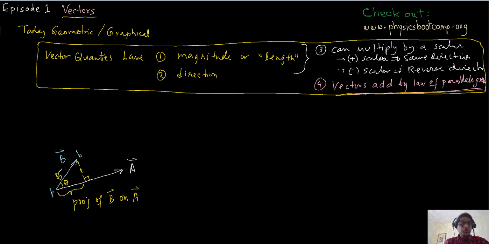Okay, so this time we draw the same diagram and we want to get a formula for this projection of B on A. So this is the common point. You draw both the vectors from the common point. And from the tip of B, we drop 90 degrees in the direction of A. This time it falls on the direction of A. So we want to relate this with the length of that.